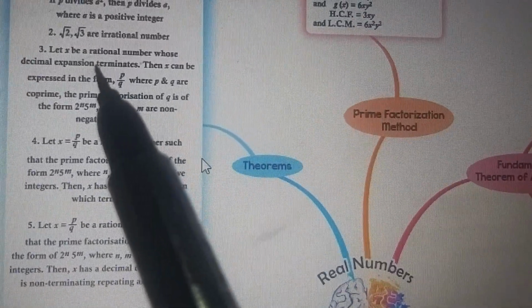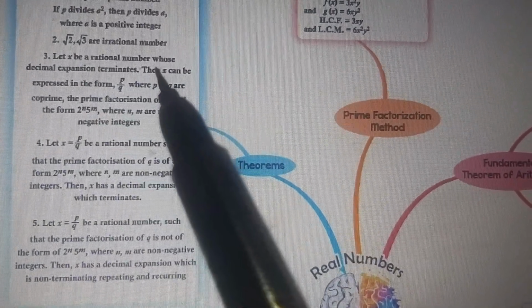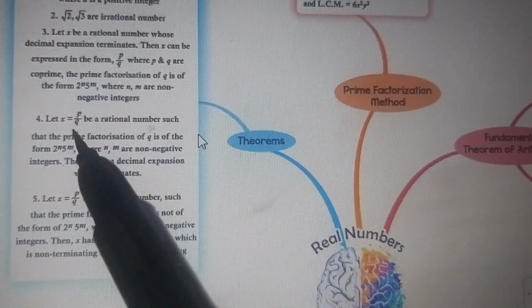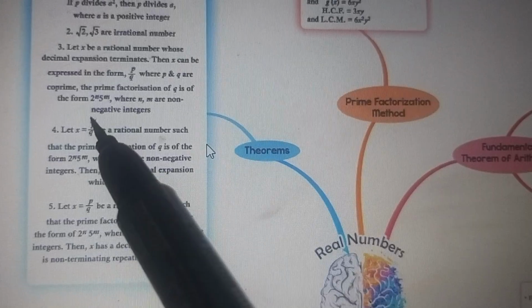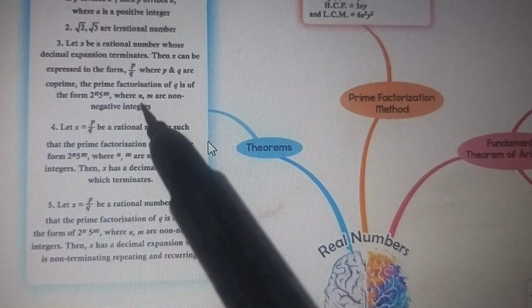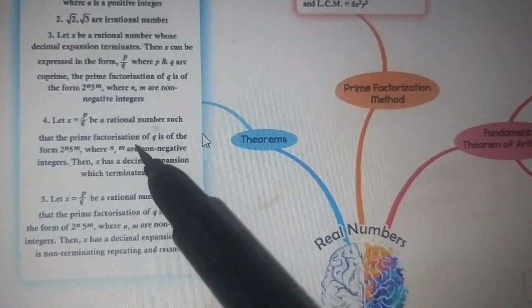In this, the decimal expansion terminates when x is a rational number p by q, numerator by denominator, in this form.